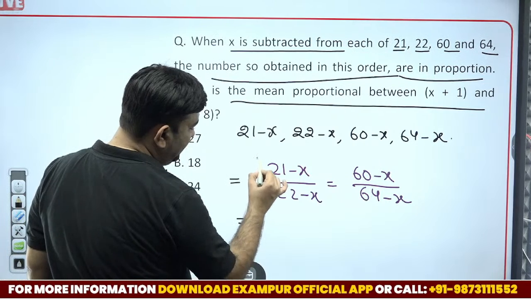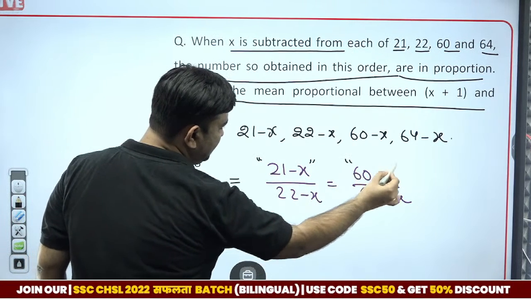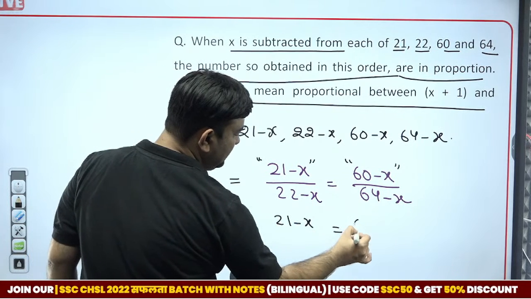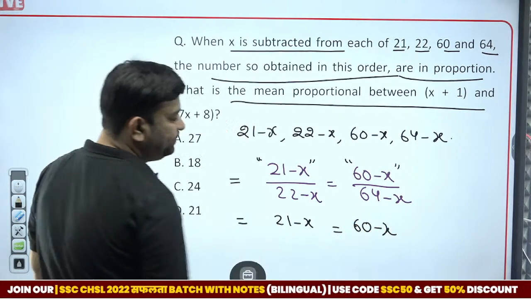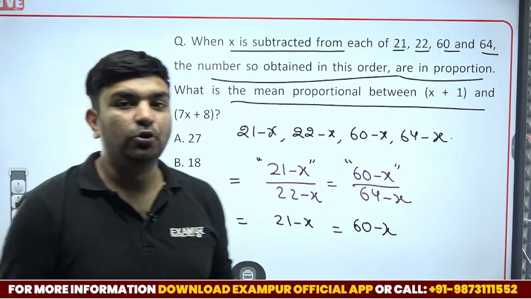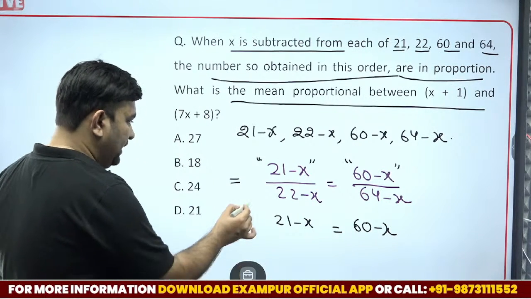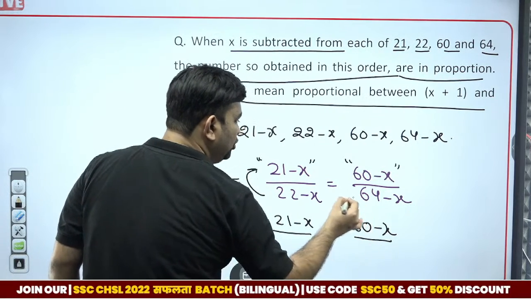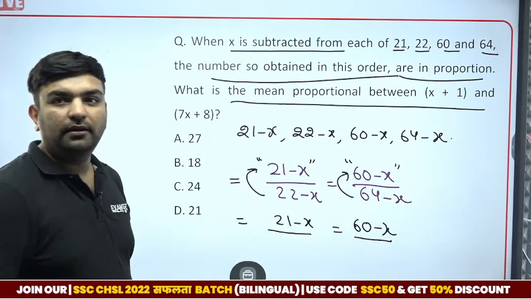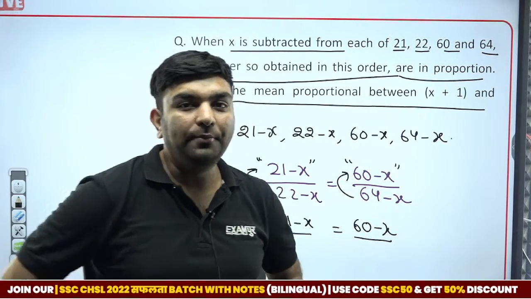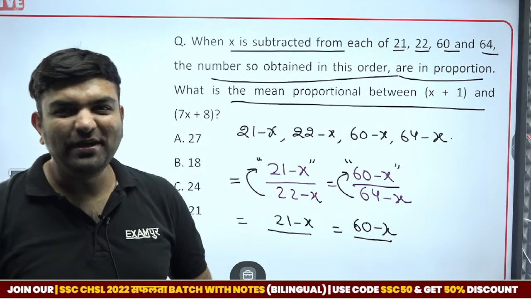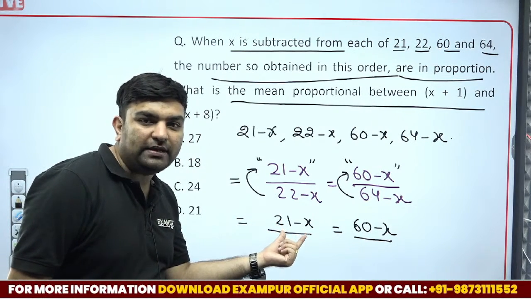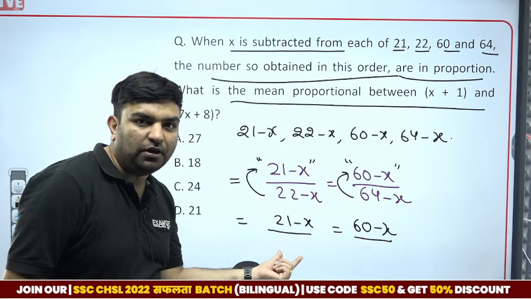I will keep my numerator as it is and apply dividendo. Dividendo means denominator minus numerator. I am applying it in both places. Why am I doing this? So that only one value will depend on X and the other value will become independent of X.